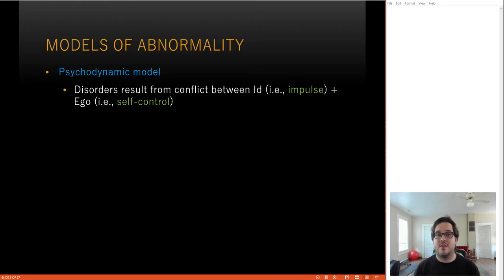Now, we've talked about these two things differently. Sigmund Freud used id and ego, but that terminology has fallen out of vogue. It's not very popular anymore. And now we can talk about these two capacities, impulse and self-control, using brain structures.